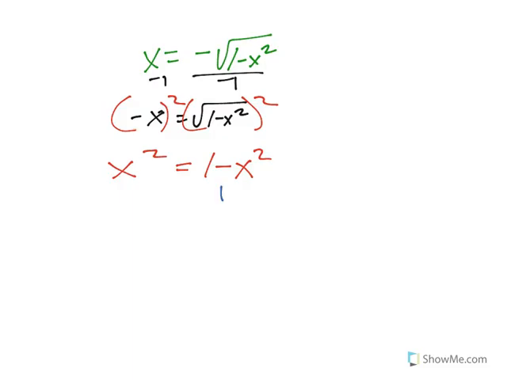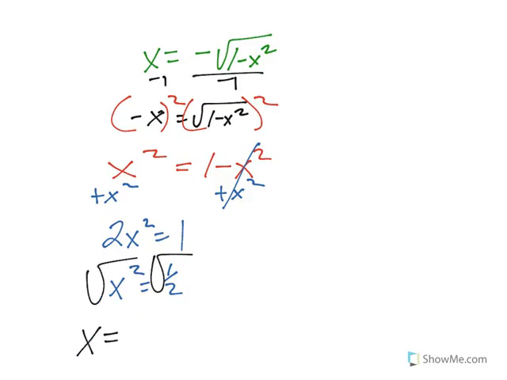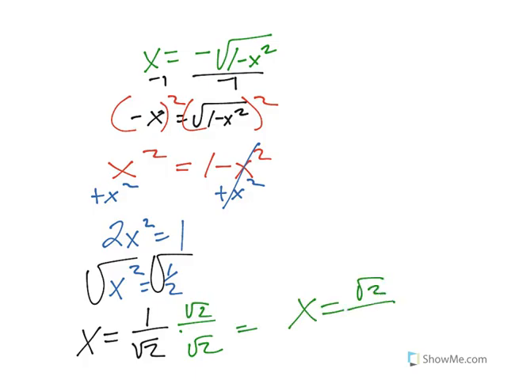If I add x squared to both sides, I get 2x squared equals 1. Divide both sides by 2 and square root both sides, so x equals 1 over the square root of 2. I need to rationalize my denominator, and so x equals radical 2 over 2.